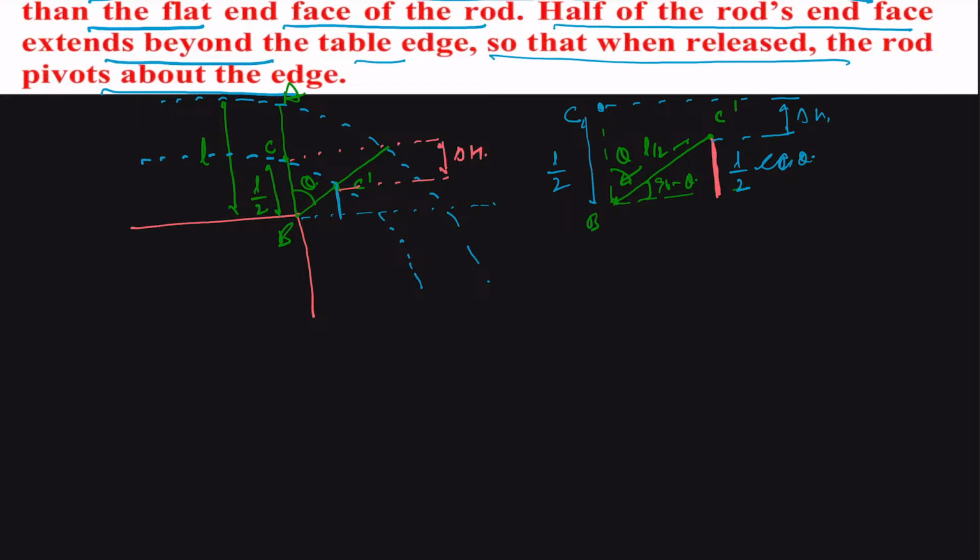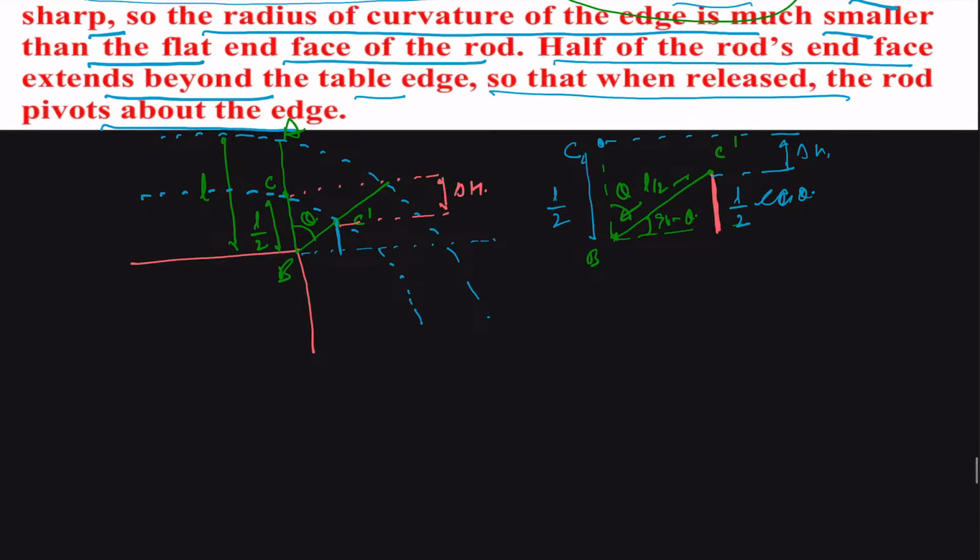Okay, ideally it will be sine of 90 minus theta, which will give us cos of theta. Therefore we can write this delta H will be equal to L by 2 minus L by 2 cos of theta. Okay, so we got this length part.